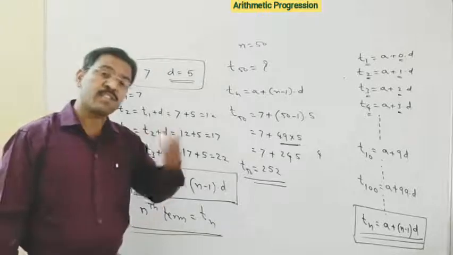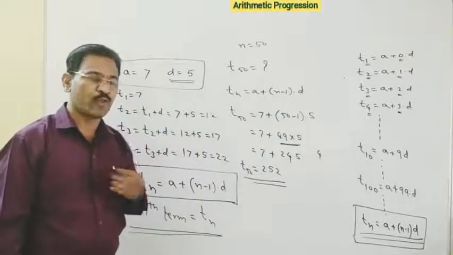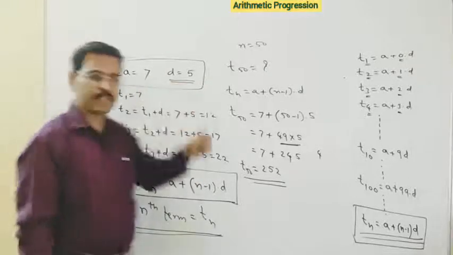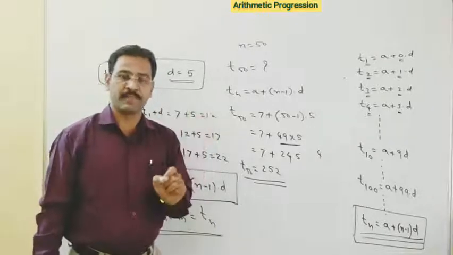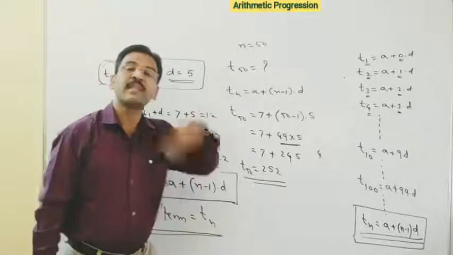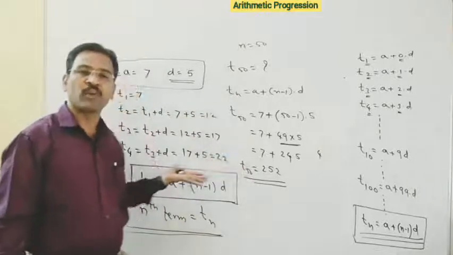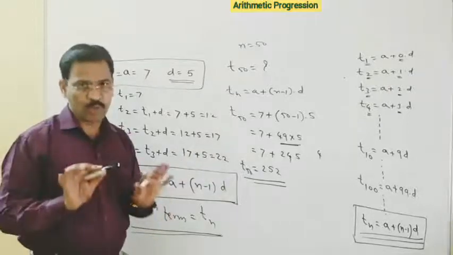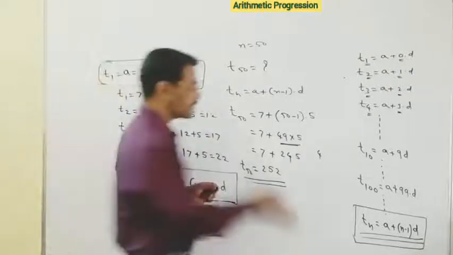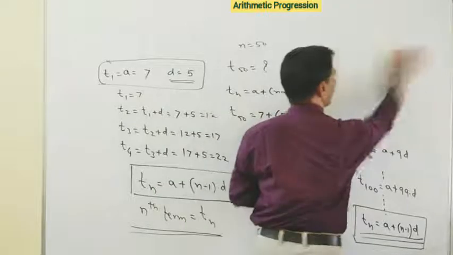Sometimes some questions may be like this one also. Suppose in the same sequence, I take 376. Whether this term is contained in that arithmetic progression or not. Let's check. 376. Okay, friends, see how. Just try to observe here.